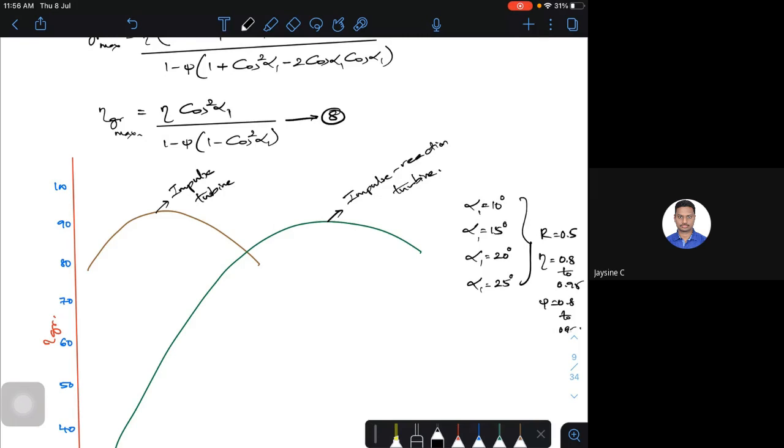That's an optional thing. R equal to 0 for the impulse machine, R equal to 0.5 for the reaction machine. This is a homework problem I am asking you people to do. Other than this case, you can try other values of R also.